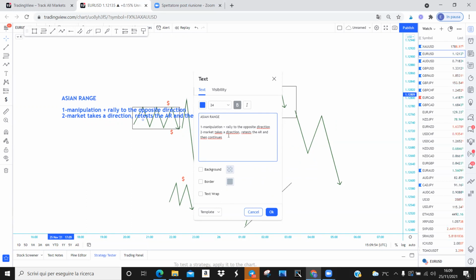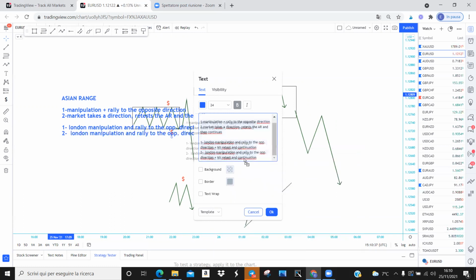Then we have to also include New York session. We have the option that we have London manipulation and rally to the opposite direction, plus New York retest and continuation, or basically the same thing, London manipulation and rally to the opposite direction, plus New York reversal, actually.